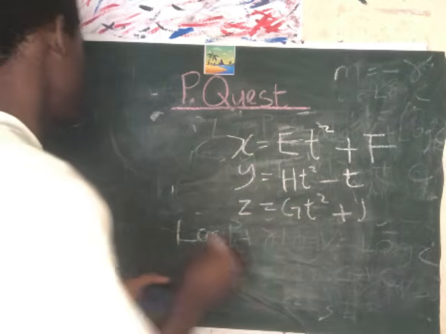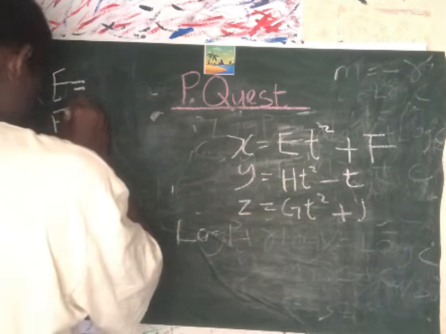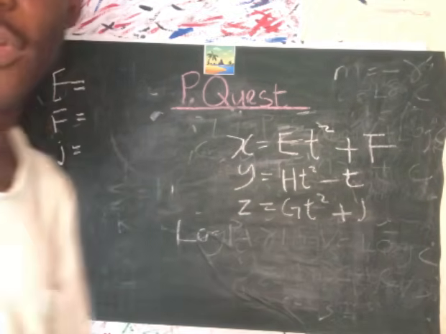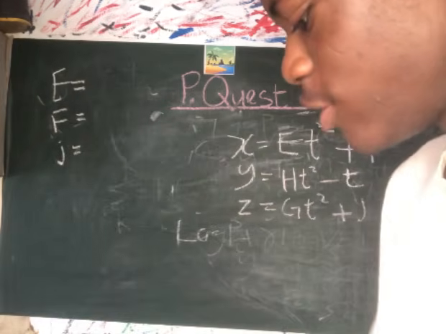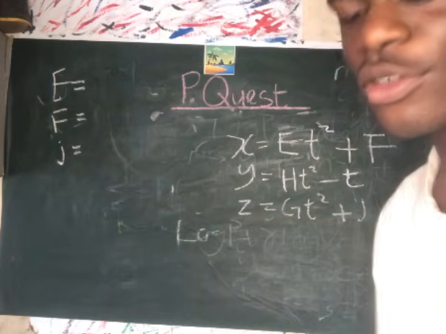Find the dimensions of E, F, and G. So how do you find the dimensions of E, F, and G?